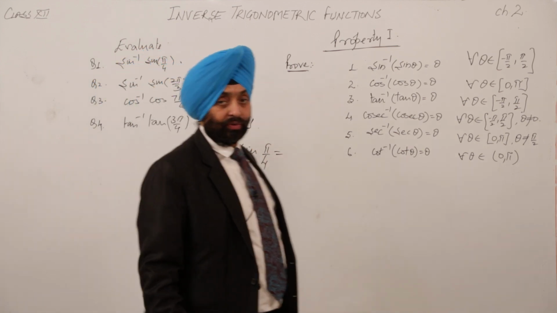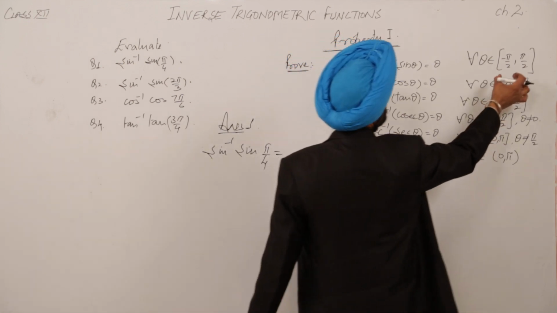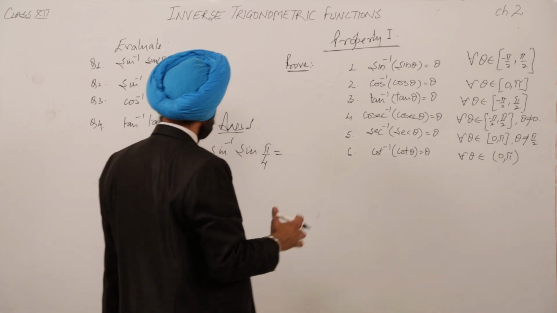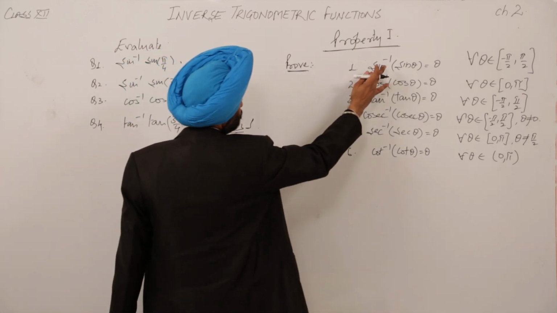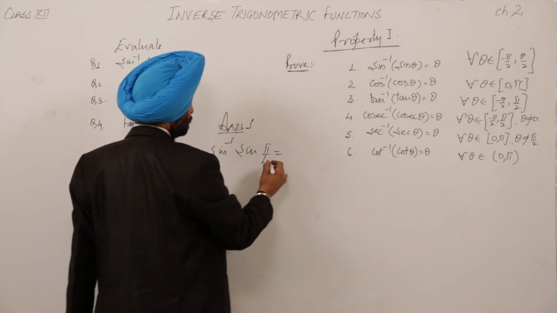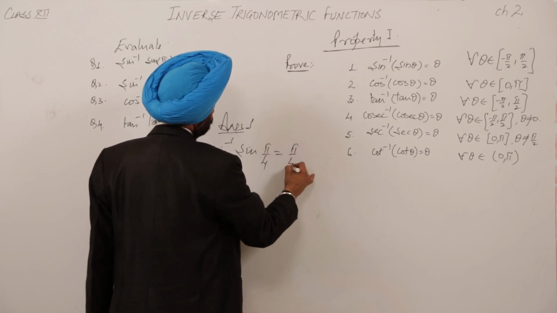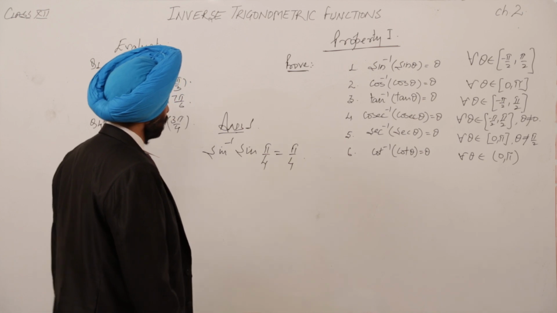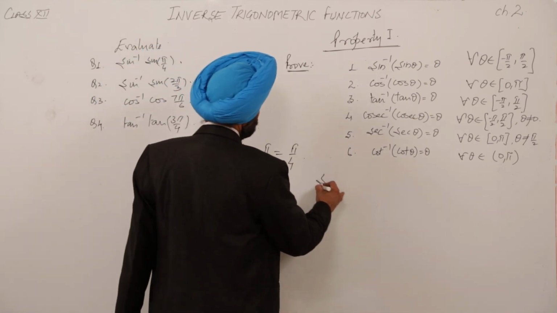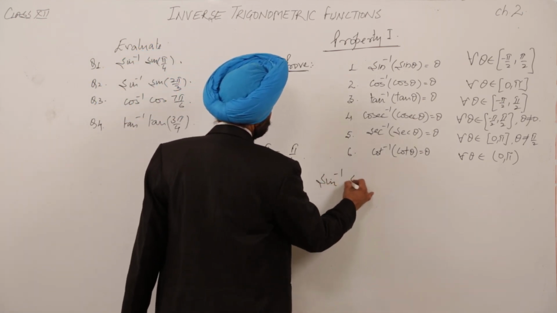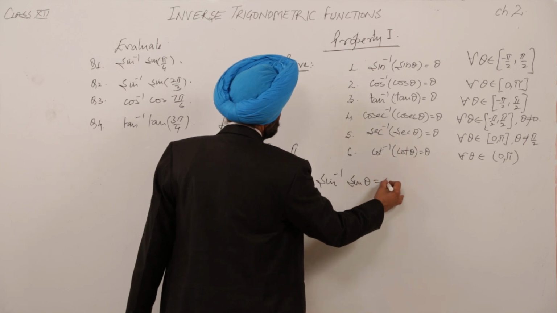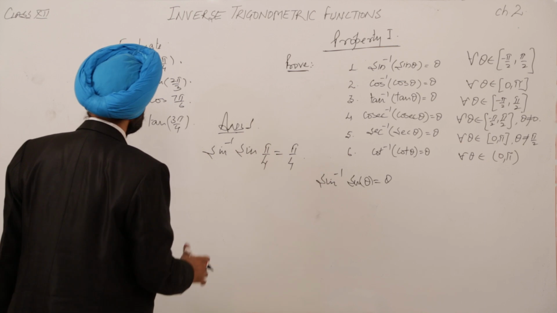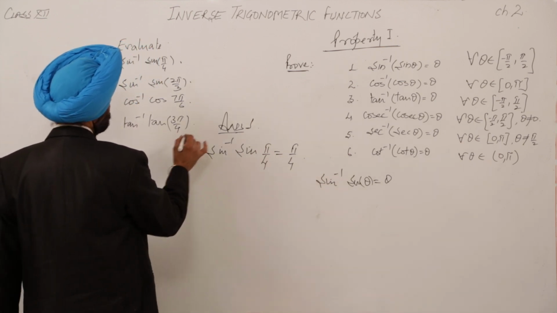Pi by 4 falls between minus pi by 2 and pi by 2. So according to our first property, sine inverse sine theta is equal to theta, our answer is pi by 4. This was the reason for question number 1.